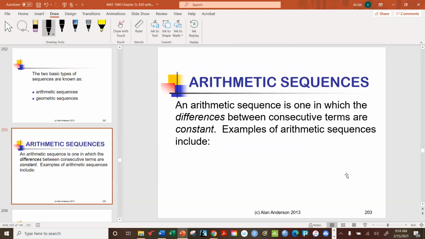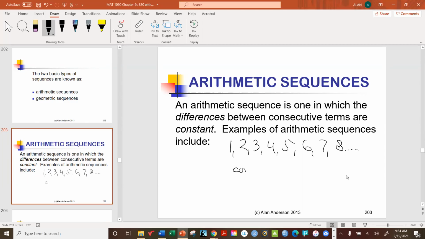Here we go. Now, first of all, what does it mean to be an arithmetic sequence? This is a sequence in which the differences between the consecutive terms are constant. So the one we were just looking at falls into this category because each term is 1 greater than the one before it.